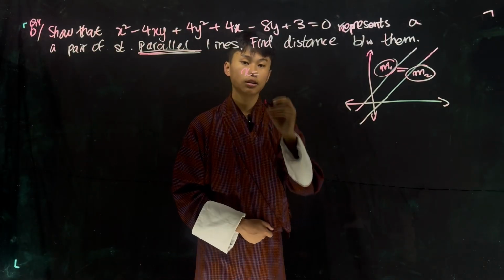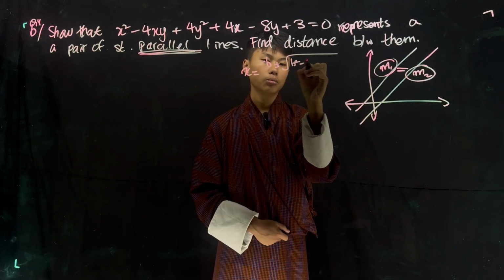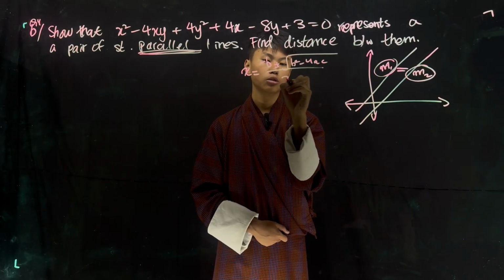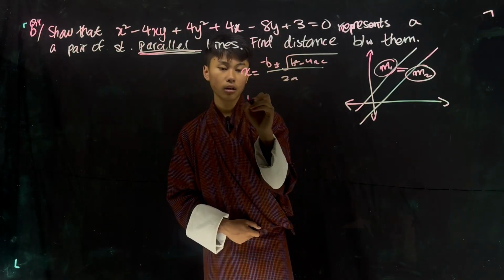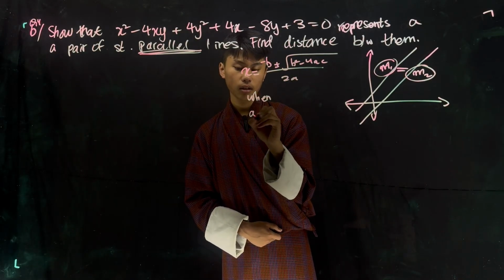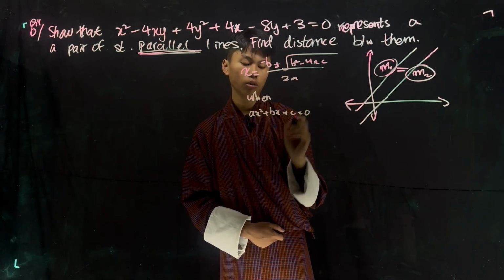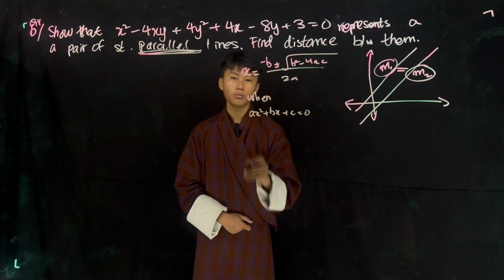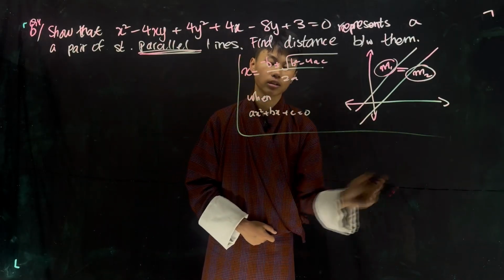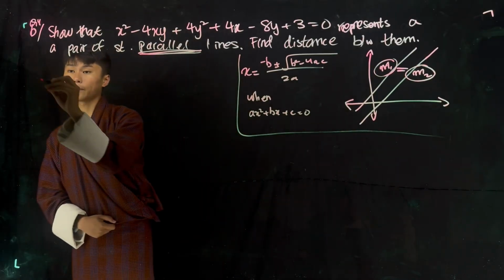It is x equals negative b plus minus root of b square minus 4ac divided by 2a, when your equation looks something like ax square plus bx plus c equals 0. So I hope you all remember how we use the quadratic equation to break down a pair of straight lines.